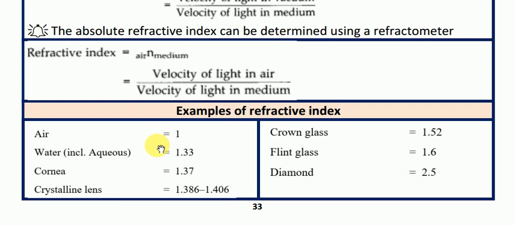Water 1.33, cornea 1.37, crystalline lens 1.386 to 1.406, crown glass 1.52, flint glass 1.6, diamond 2.5.